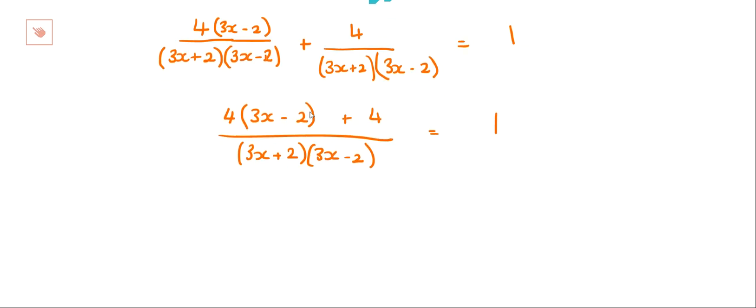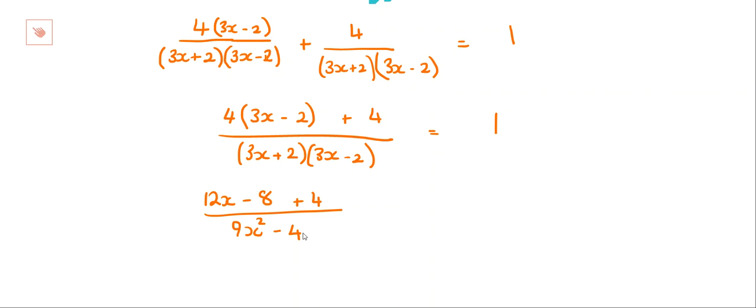So, is this the stage? Did you all get to this stage at least, when working it out? Yes. So if we expand these brackets, we get 12x minus 8, so 12x minus 8 plus 4 all over, do you mind if I write 9x squared minus 4 again?